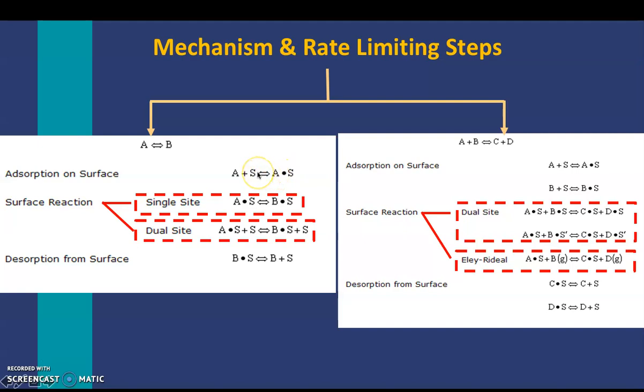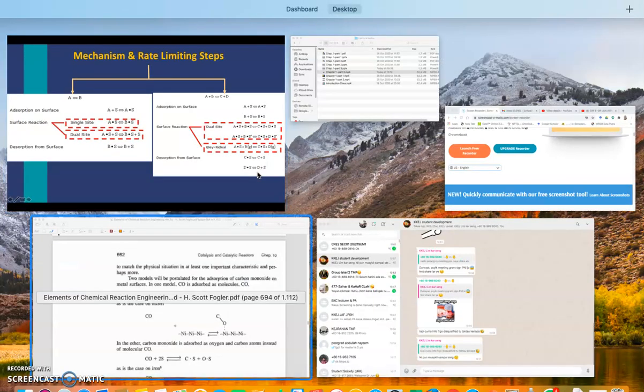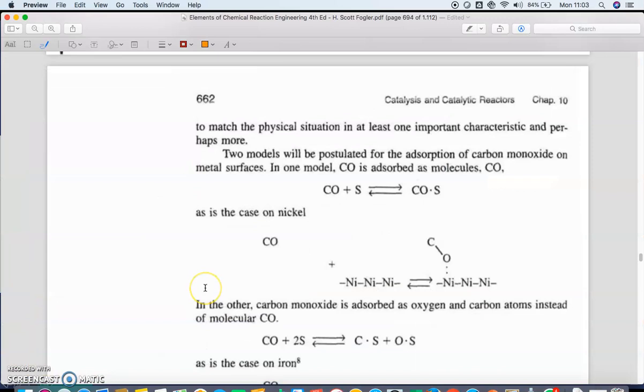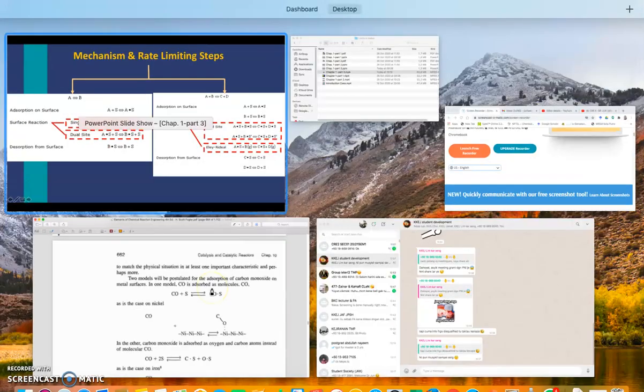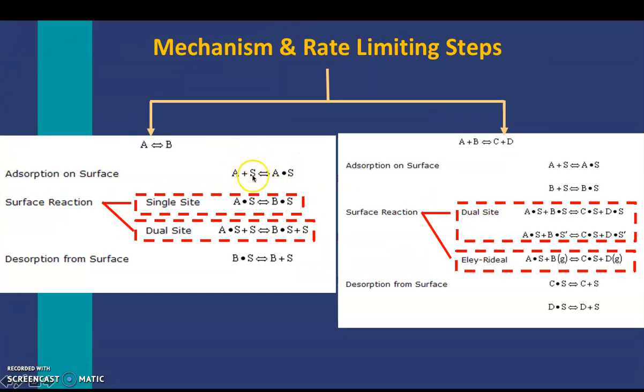Let's go to your textbook to explain this one. Previously I have told you that S stands for active site. So your reactant A will go and attach on the active site. Once it is attached, it will be A dot S.